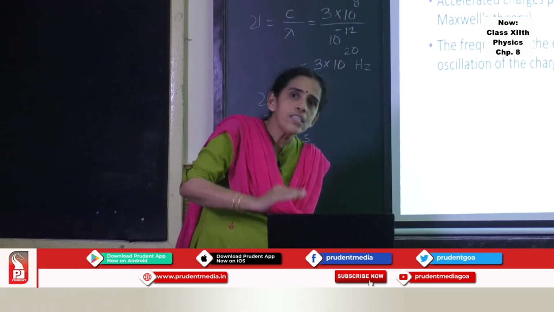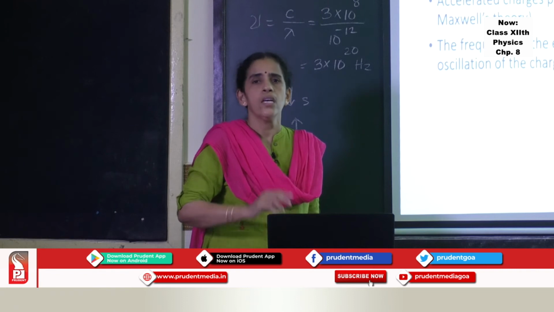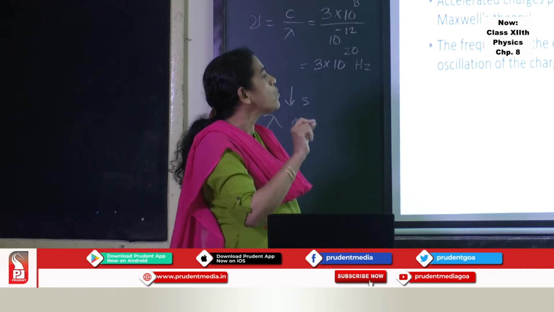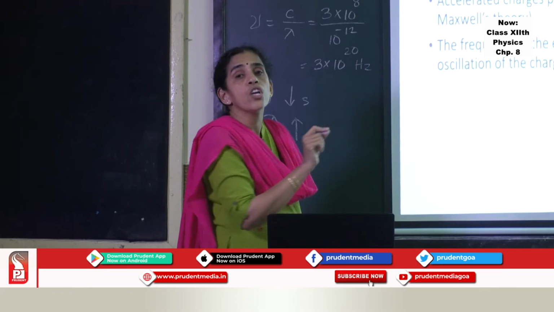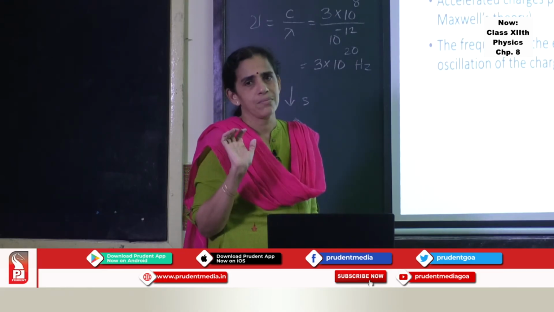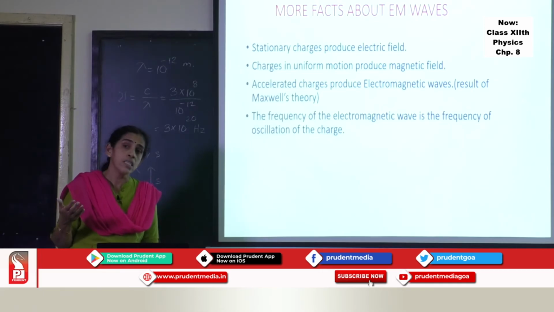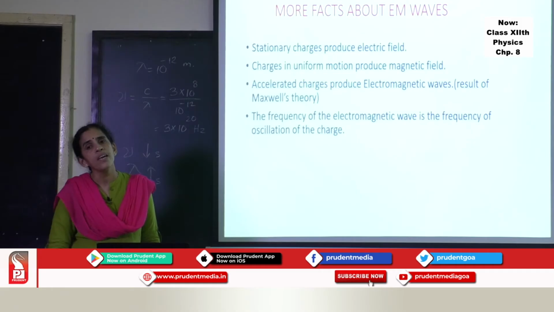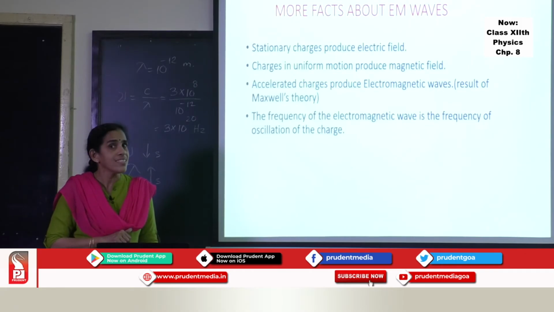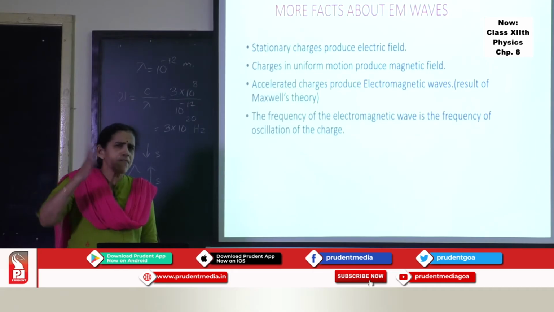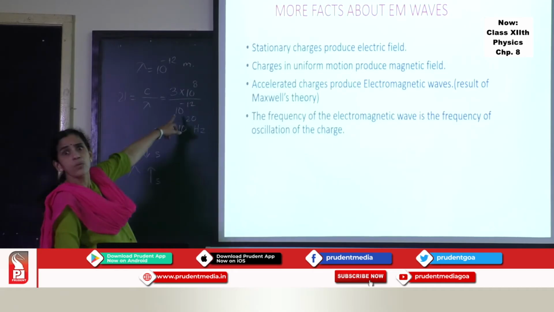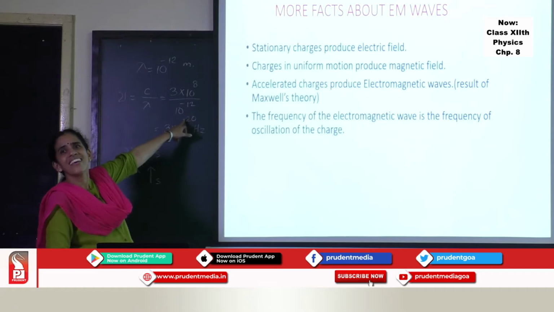The frequency of oscillation of the charge will be the same as the frequency of the electromagnetic wave. Which source will be oscillating faster? Source of gamma ray or source of radio waves? Gamma rays, no, because its frequency is the highest. They will be oscillating very fast. We saw here 10 raised to 20 times in 1 second.